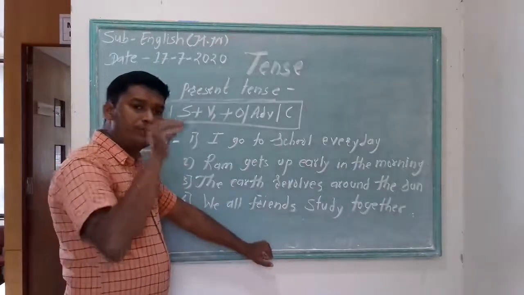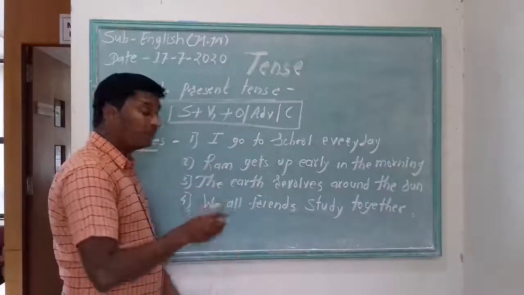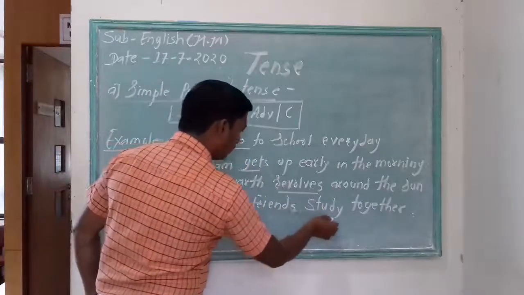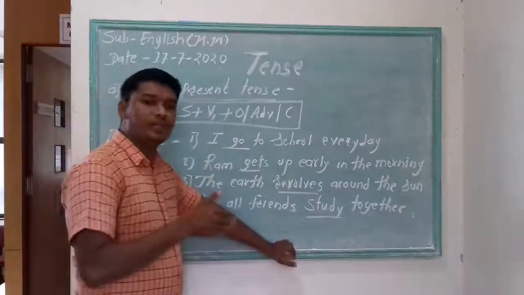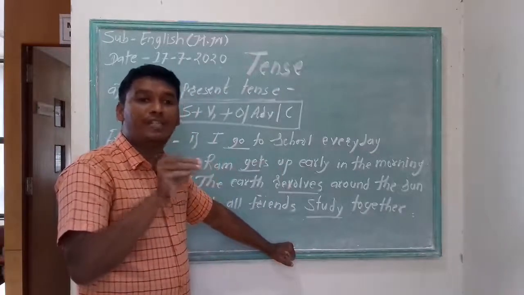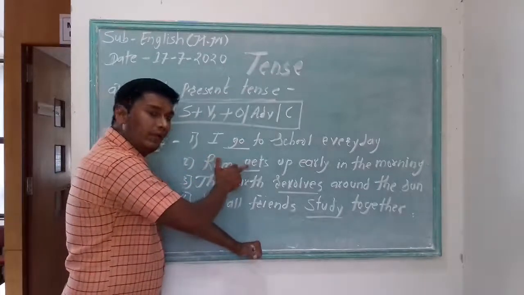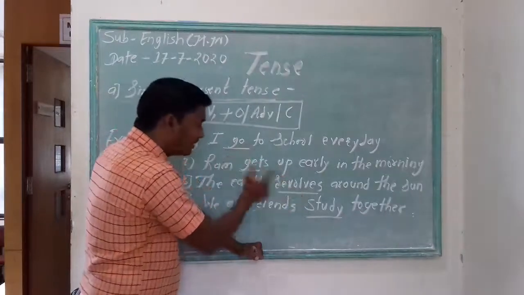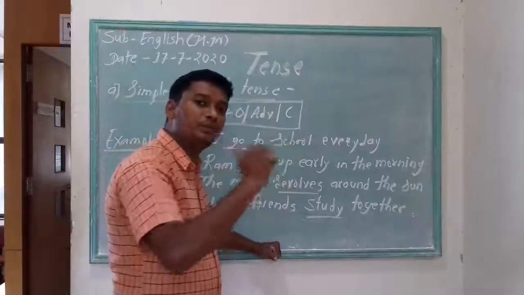If you observe the verbs in the given sentences, look what are the differences, what are the changes. Some verbs end with an s suffix and some verbs are without any suffix. In the second and third sentence, the verbs end with s suffix, but in the first and fourth sentence there is no suffix to the main verb.